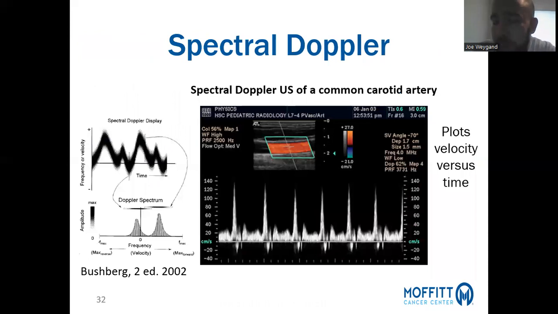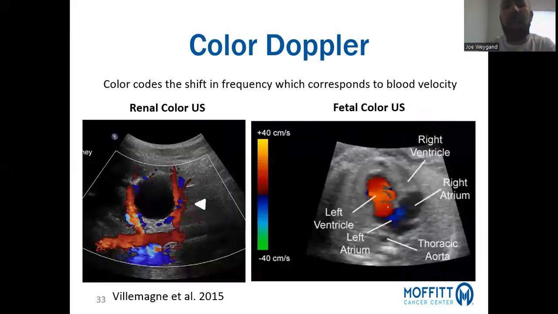Doppler can be performed in a specific region of the image as spectral Doppler. Here, basically, you measure the velocity of the blood versus time, right? As shown here in an example spectral Doppler of a common carotid artery. And then if you take the Fourier transform of that, you actually obtain a Doppler spectrum. What's more commonly done is color Doppler, where you encode the frequency, which corresponds to the blood velocity, with a color, right?